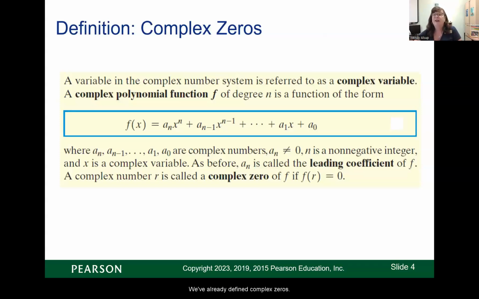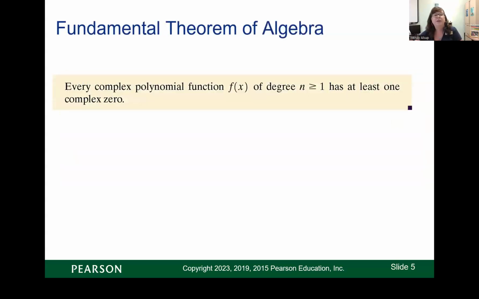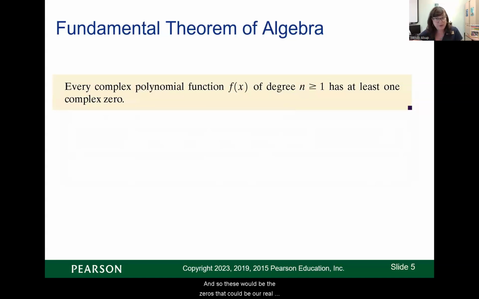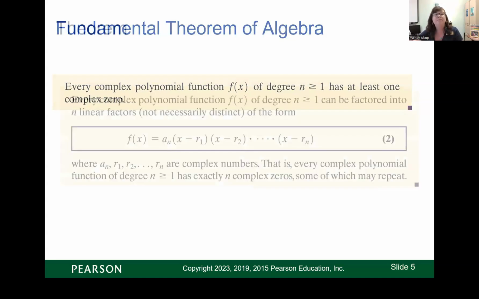Well, we've already defined complex zeros. Every complex polynomial function has at least one complex zero. And so these would be the zeros that could be our real zeros, but it also could include imaginary zeros.